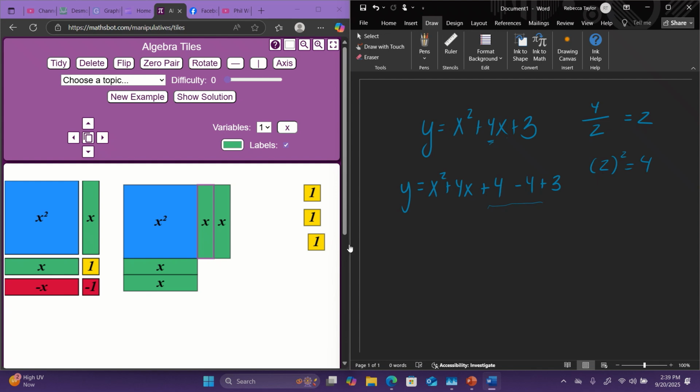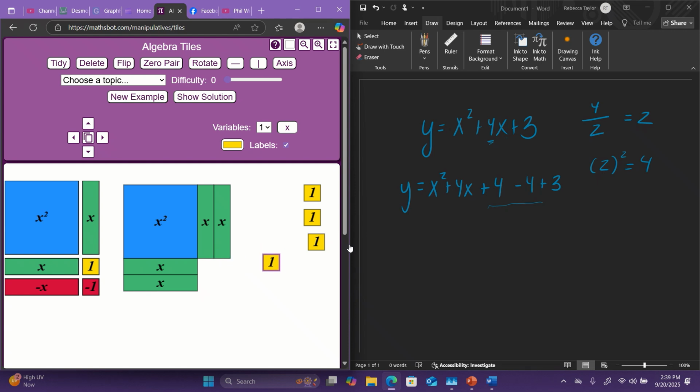What that looks like over here with the algebra tiles is I am going to add 4, so I'm going to bring over 4 tiles here. But I am also going to have to bring in negative 4. And here is literally the 4 plus the negative 4, and essentially I've added the 0.